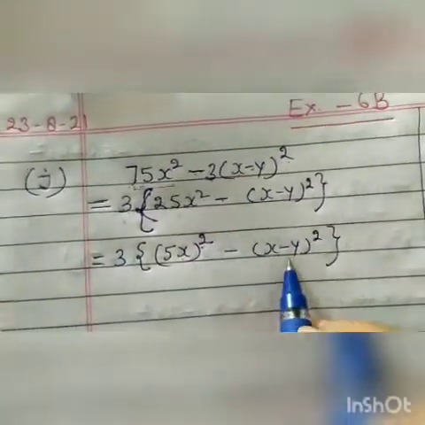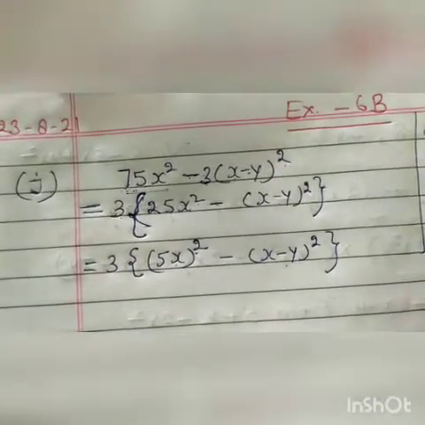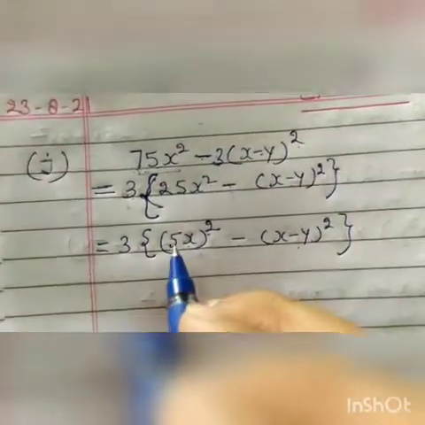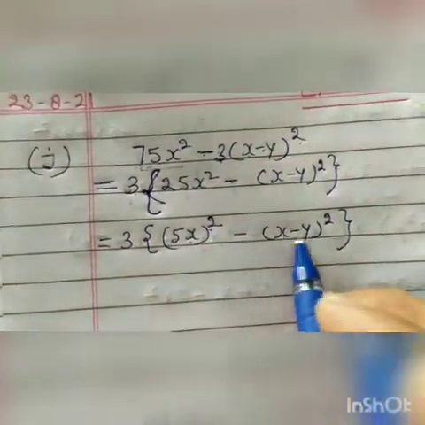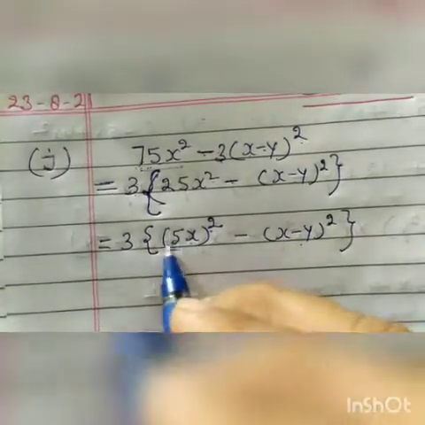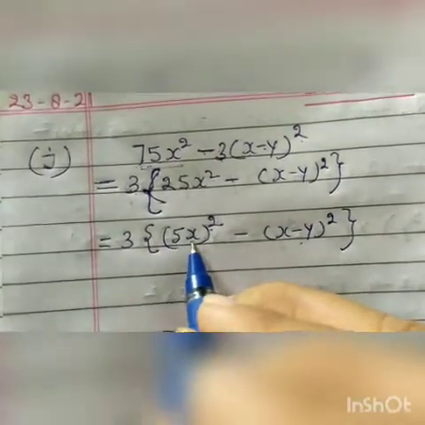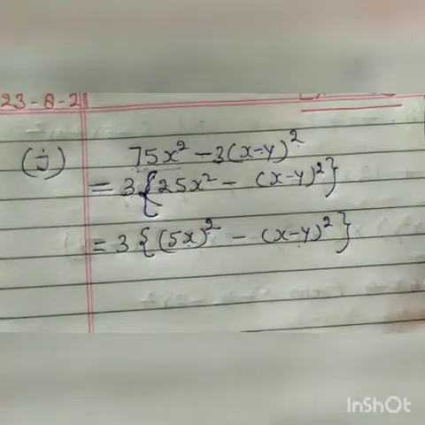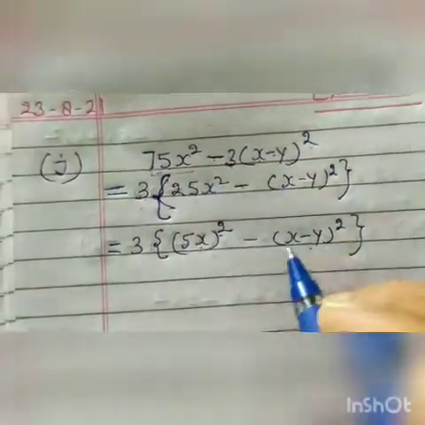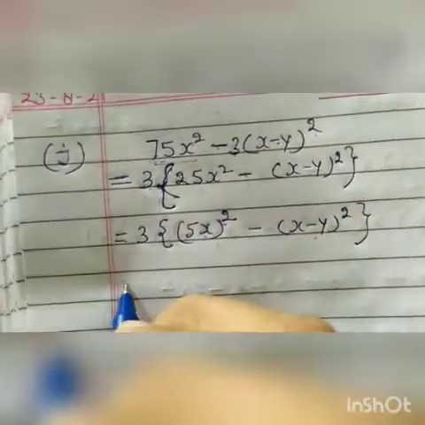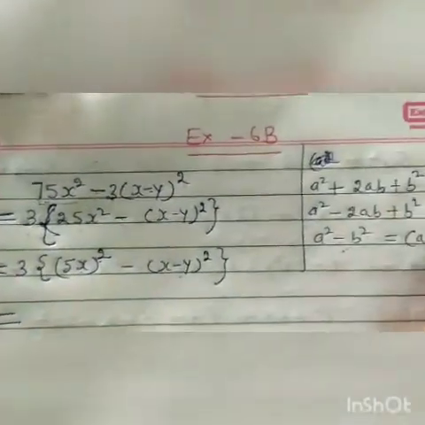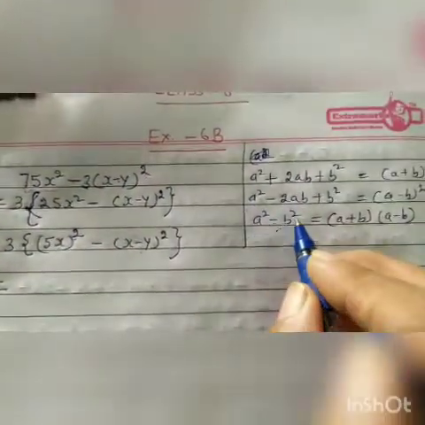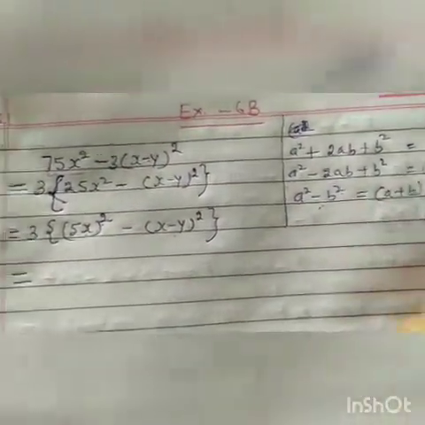Now if we compare this line with this identity, a square minus b square, this is a square minus b square. What is written within the bracket? It is 5x. It means the value of a is 5x and the value of b is x minus y. Now we will write a square minus b square is equal to a plus b, a minus b.